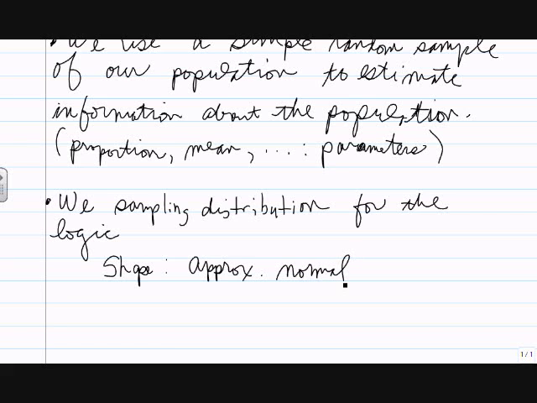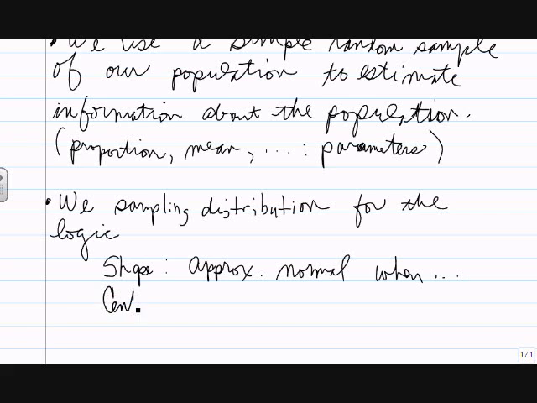But that only happens when? If the population is normally distributed, or if n is greater than 35, or if n times p and n times 1 minus p, when we're doing proportions, are greater than 10. So our shape is approximately normal when, and I'm going to say "when" because we'll have all these things that we'll end up checking.